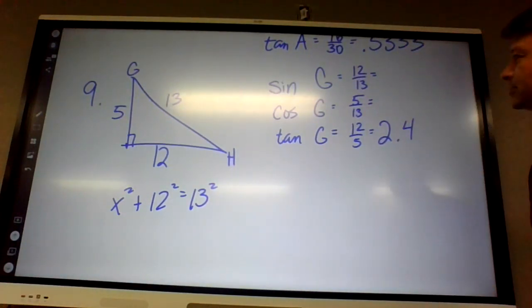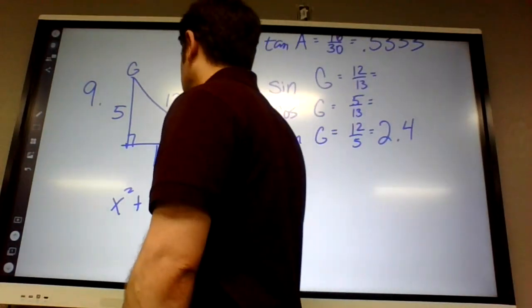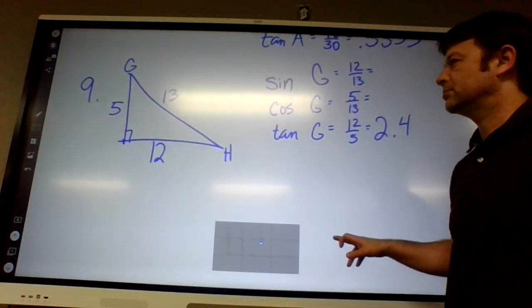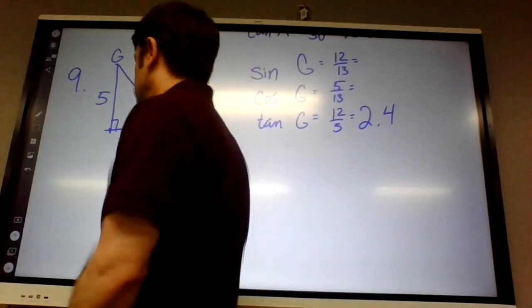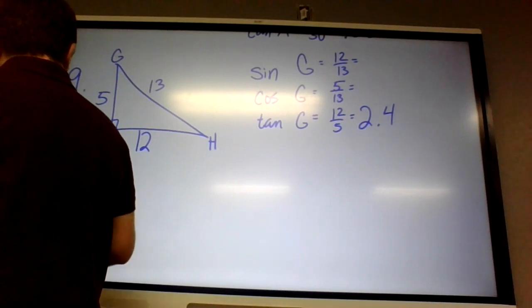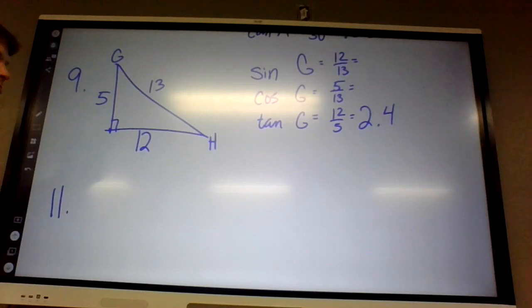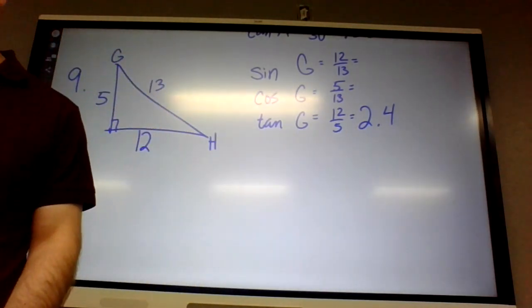The other one's not so much. So yeah, you can just divide those. Round to the 4th decimal place if it gets to the 4th decimal place.